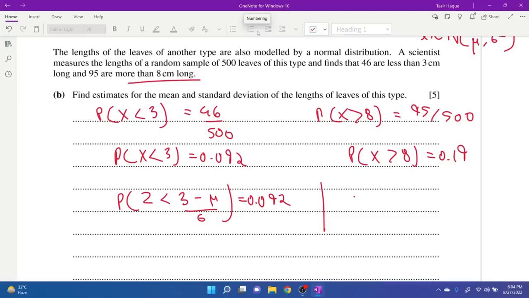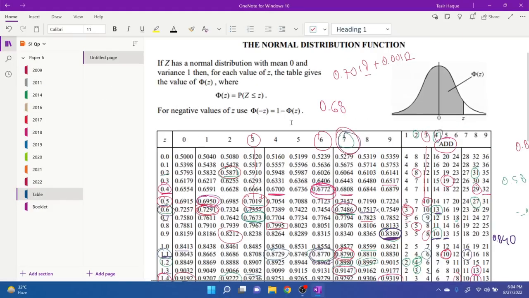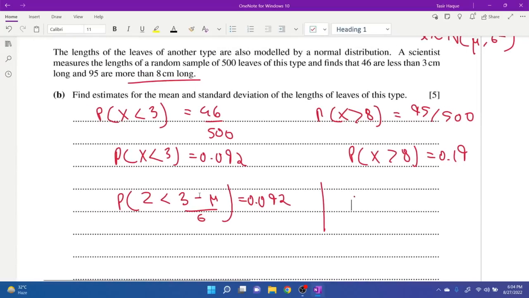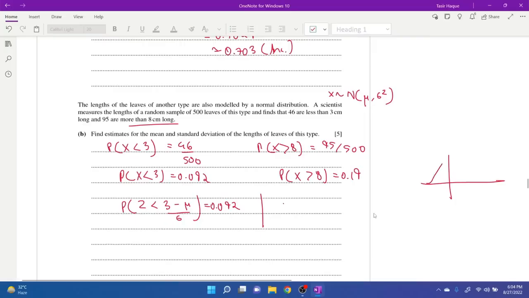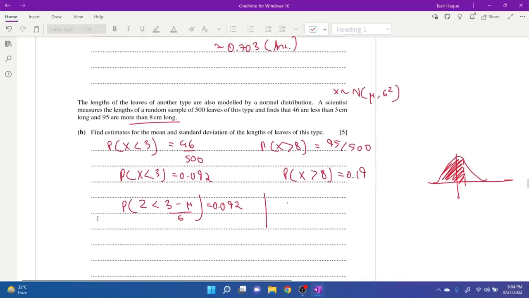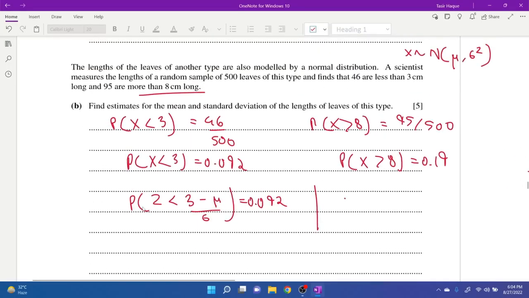Greater than isn't all right, because the table is only valid for P(Z < z). If I draw a normal distribution, the table only works for values less than a certain value. It only represents the area before a certain value. So we cannot go for this, we need to fix it.